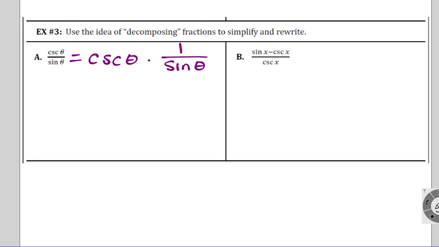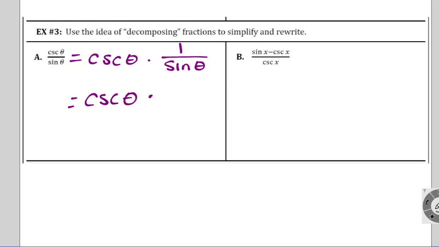And then from this point, I'm going to probably change one of these. Usually we want to write it as simply as we can using as few functions as we can, and often we want to write it without having to put something in the denominator. So in this case then, I'm going to rewrite 1 over sine theta as what?